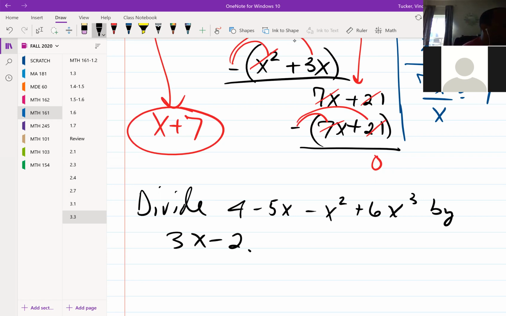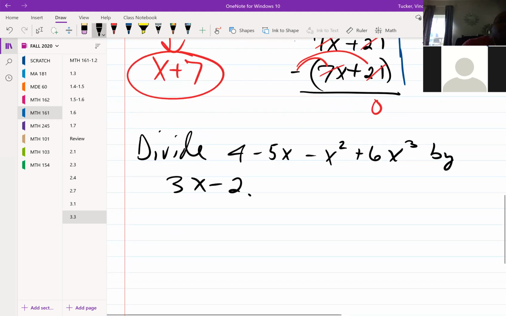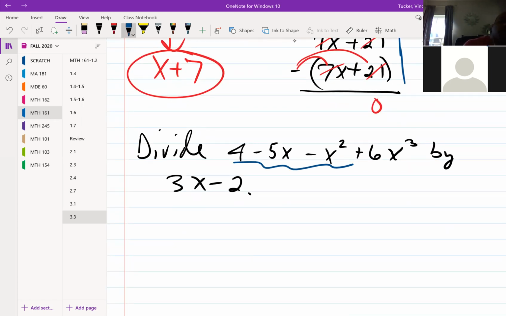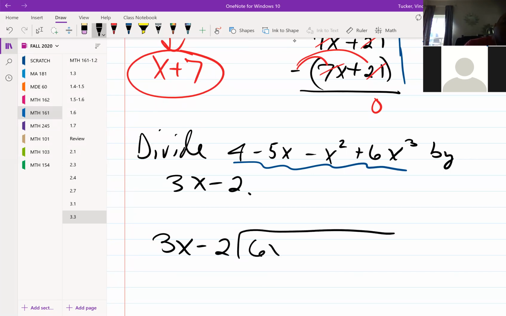All right, so we're going to divide 4 minus 5x minus x squared plus 6x cubed by 3x minus 2. So you want to rewrite your terms in descending order when you go to set up your divisional process. So 6x cubed minus x squared minus 5x plus 4.